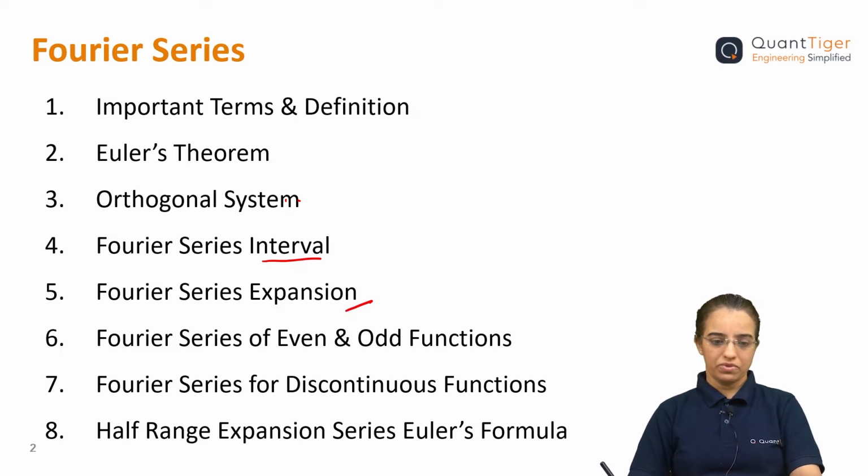Then there are different types of functions like even and odd functions, how we can identify even and odd functions, then discontinuous functions. Depending on the function, how we will be expanding those, there will be a little variation in that. Then half range expansion, like within half range how we can expand the given series. These are the different topics we will be learning.